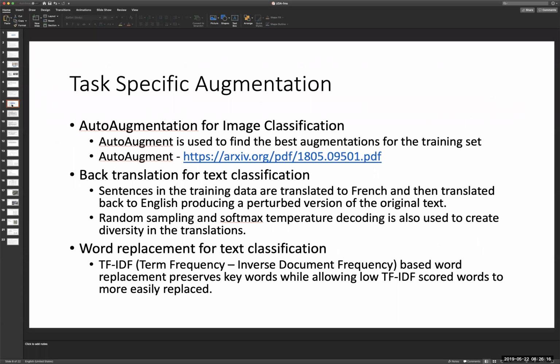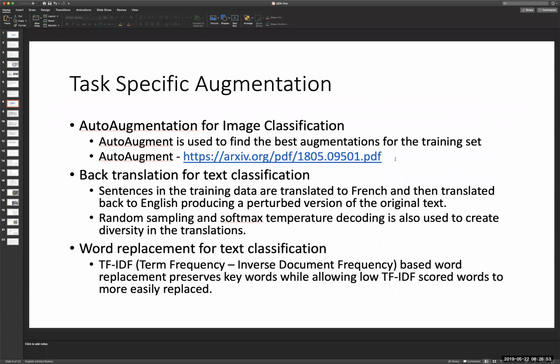Okay, so a little bit more about augmentation, specifically task-specific augmentation. So auto-augmentation for image classification. Now there's specifically a piece of software called AutoAugment, and it's used to find the best augmentations for the training set. Here's a link to the AutoAugment paper, and one of the authors of this paper is also an author of the UDA paper that we're talking about now.